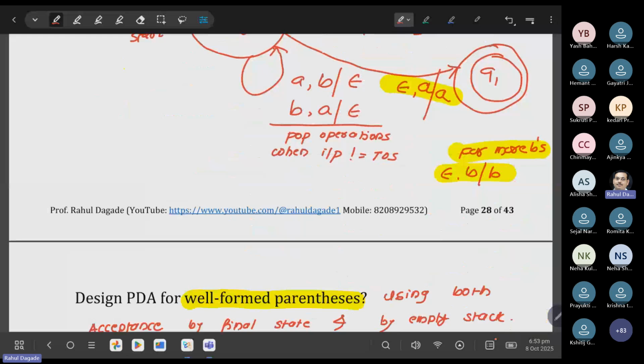Now let us come to a theoretical topic: comparison between finite automata and push down automata. That can be compared on various parameters.